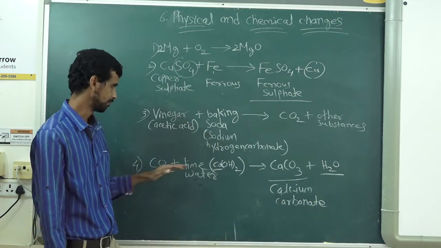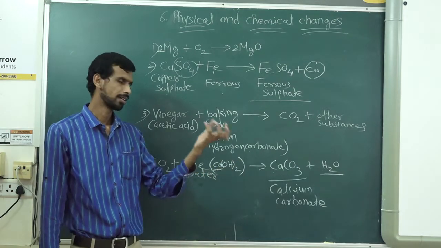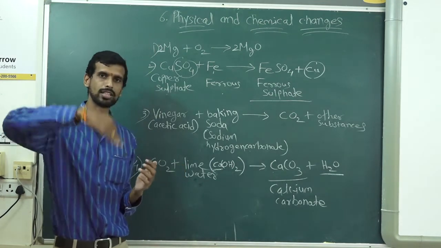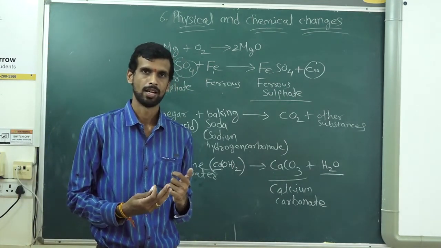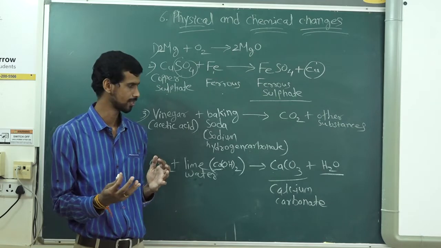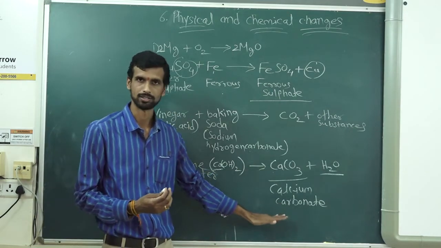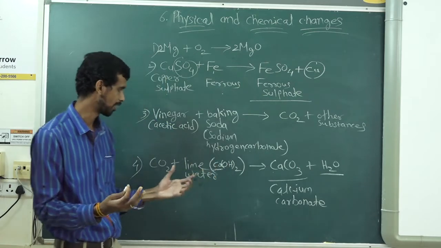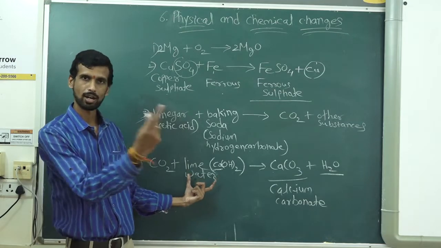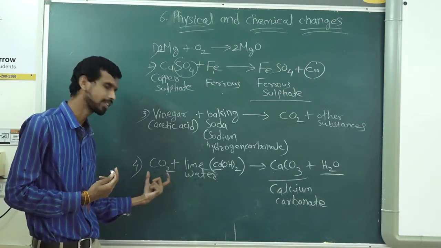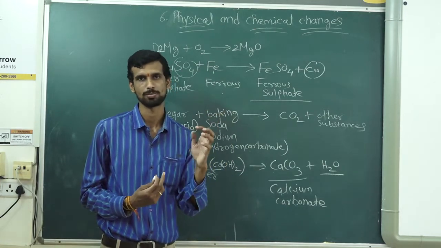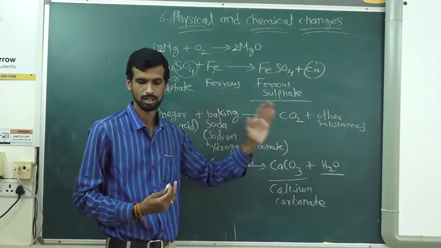In our day-to-day life, people add lime to water and apply that lime water on the walls, and after 1 or 2 days the wall becomes whitish in color. Why? Because when you apply lime water on the wall, carbon dioxide is there in the surroundings, so the lime water reacts with carbon dioxide, and calcium carbonate, a whitish substance, is produced. So calcium carbonate plus water.